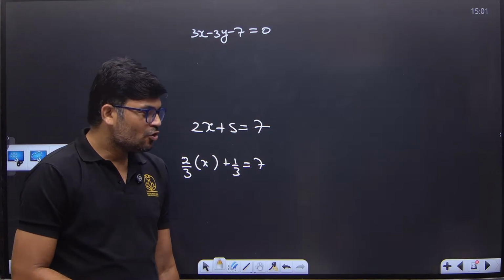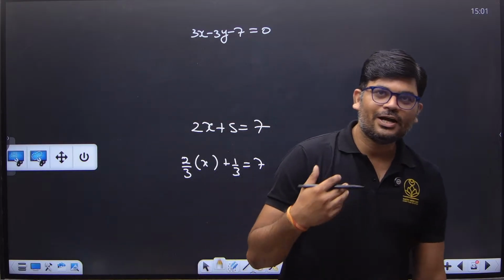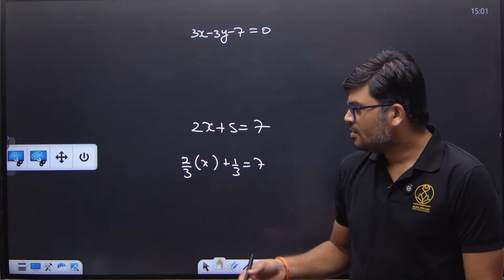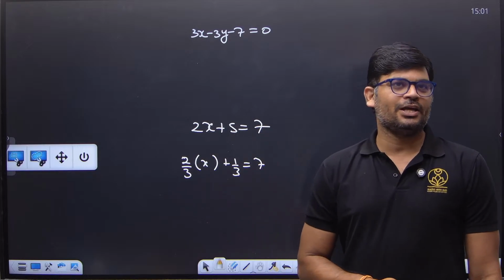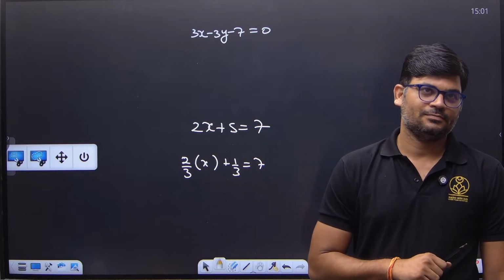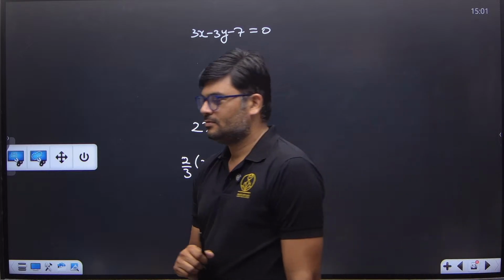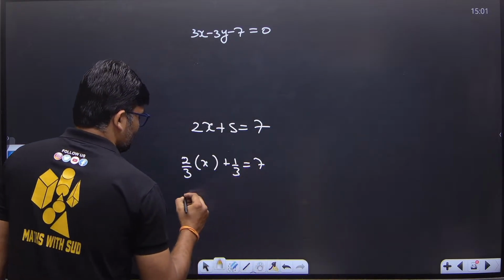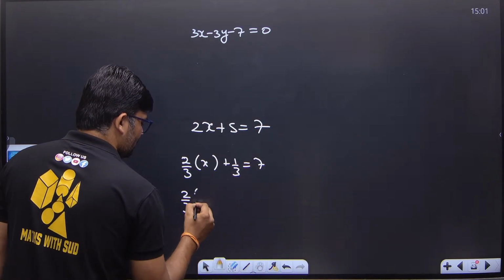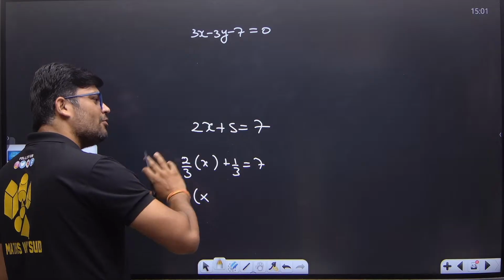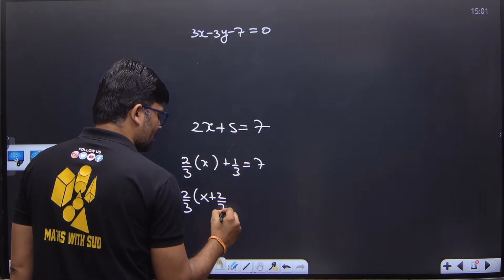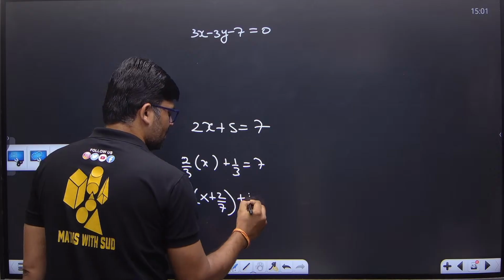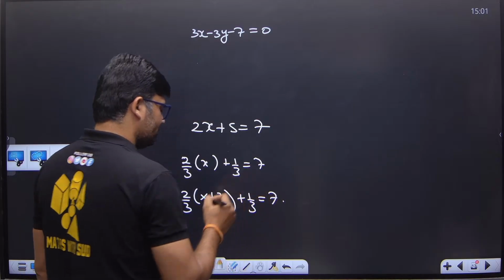Good one, but the more accurate way of saying it is: 1/3 added to 2/3 of a number will give you 7. All right. 2/3 of a number itself is times. Okay. Now tell me.